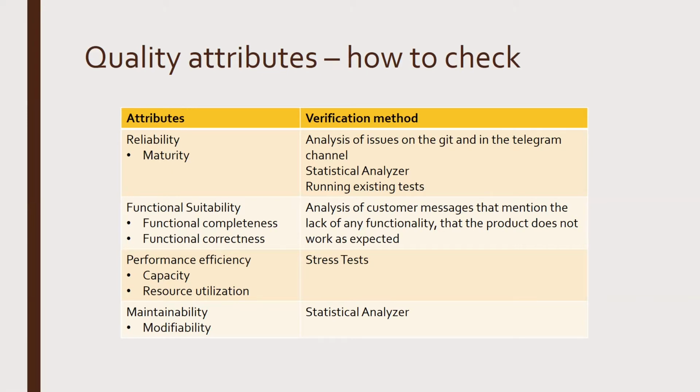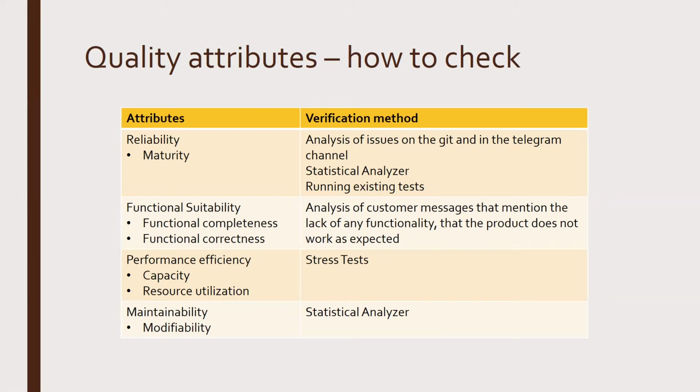Next, we are supposed to have a statistical analyzer and run the existing tests. Next, functional suitability. We also analyze all the issues that we had and try to understand whether some features are needed by the customer, maybe some problems, and how many of them there are.